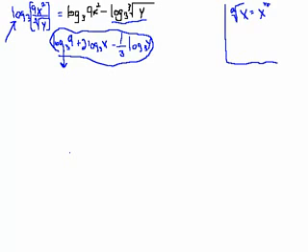Because 9 and 3 have a relationship. What is 9? Yes, perfect. It's 3 squared.